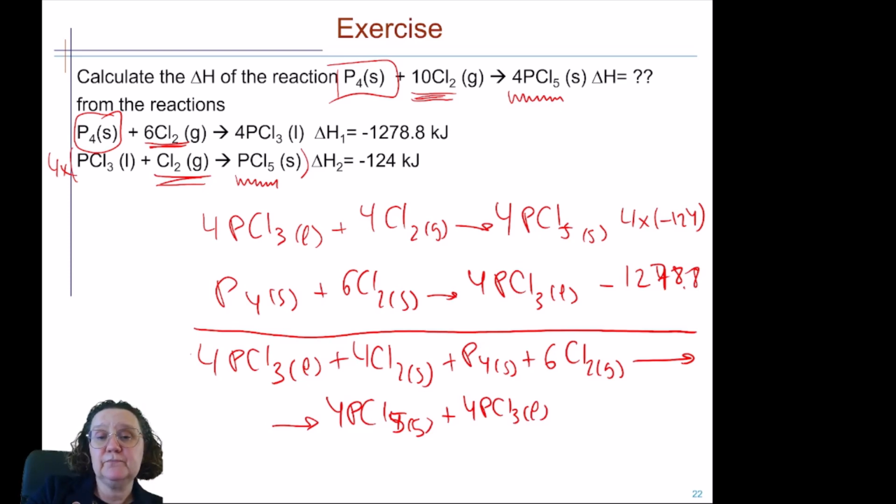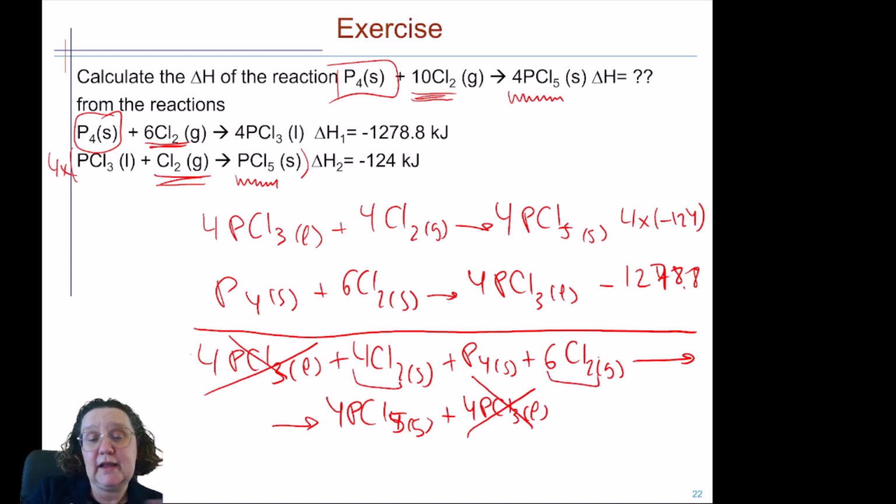and that's it. And then I look at it and I say, well, I've got here 4 moles of phosphorus trichloride on the reagent side that can cancel the 4 moles of phosphorus trichloride on the product side. And I see that I've got 4 moles of chlorine and 6 moles of chlorine, and I can add them up, and that gives me 10 moles of chlorine.